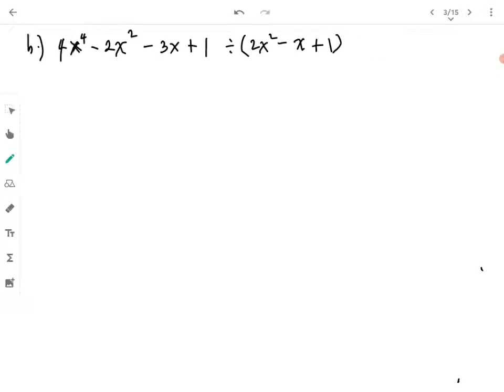Number 2. So here we have 4x raised to 4 minus 2x squared minus 3x plus 1. So there's still a missing term. We need to add the 0x cubed.